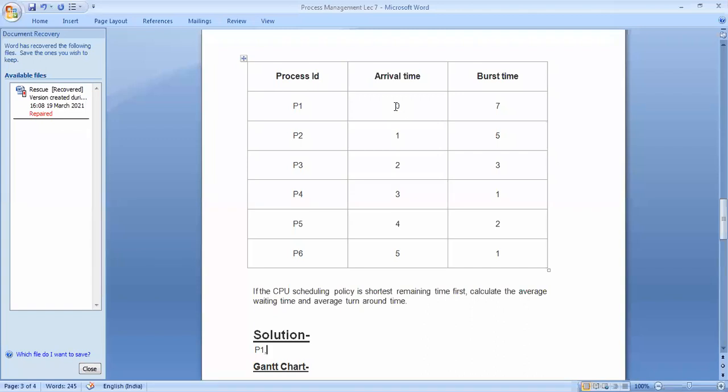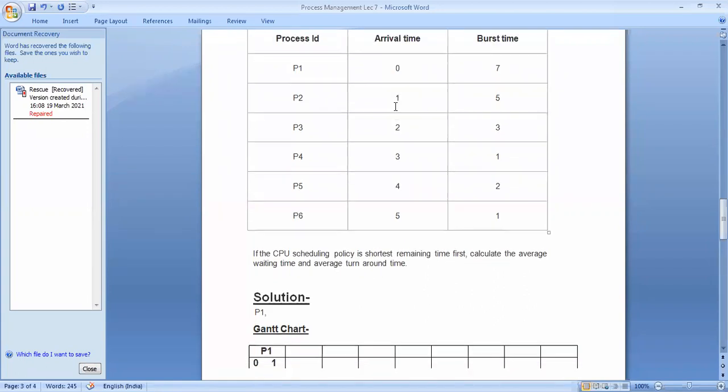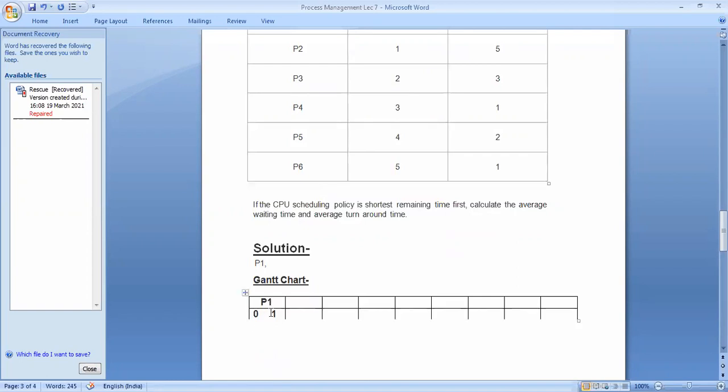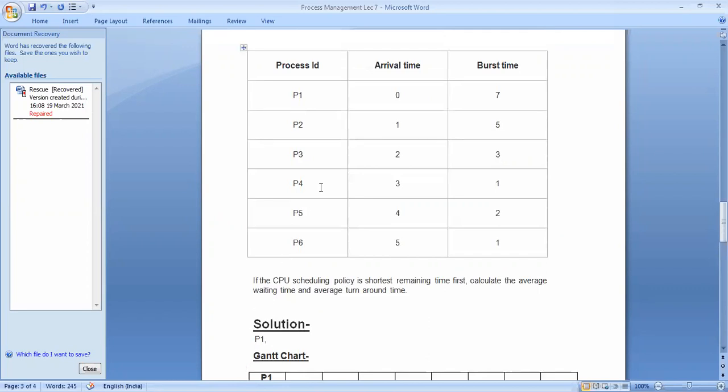So P1 process is executed for 1 millisecond. Now after 1 millisecond, again we'll check. P1 process has burst time 6 because 1 millisecond is executed.